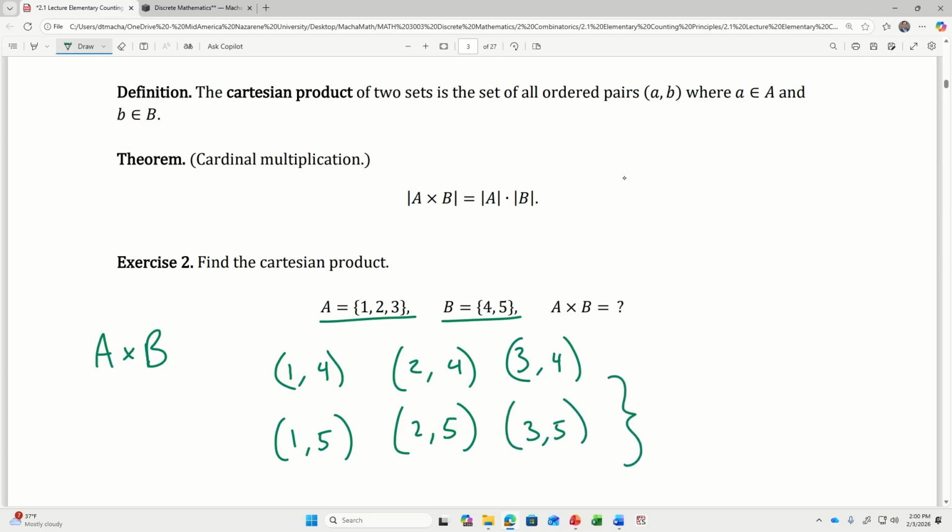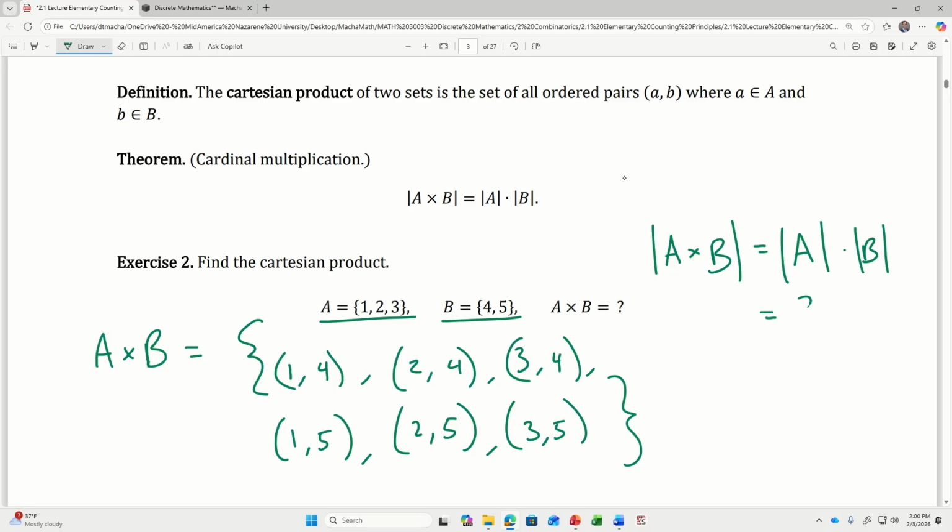That is the set that results from the Cartesian product of A and B. And so if I want the cardinality of this Cartesian product, that's the same thing as the cardinality of A times the cardinality of B, which is 3 times 2, which is 6. In other words, there's 6 elements in my set, right?